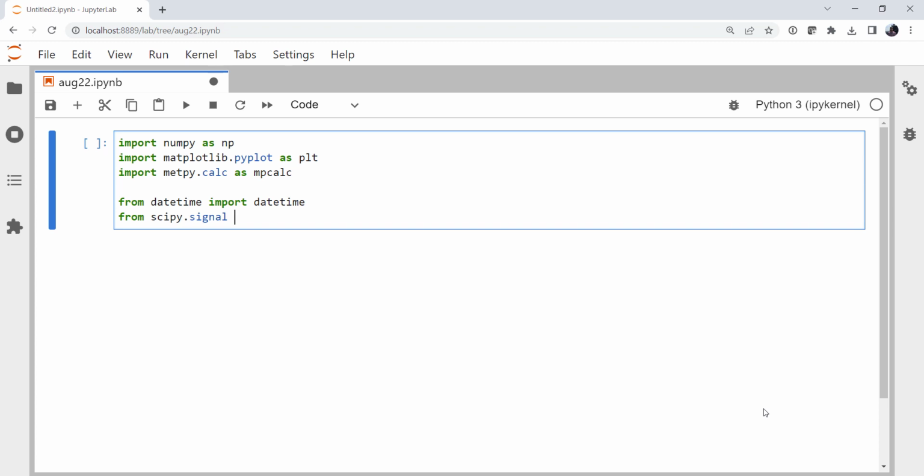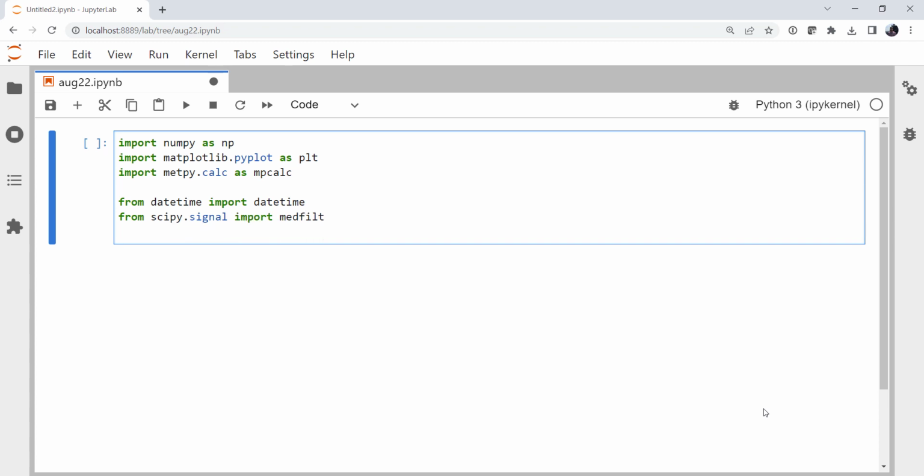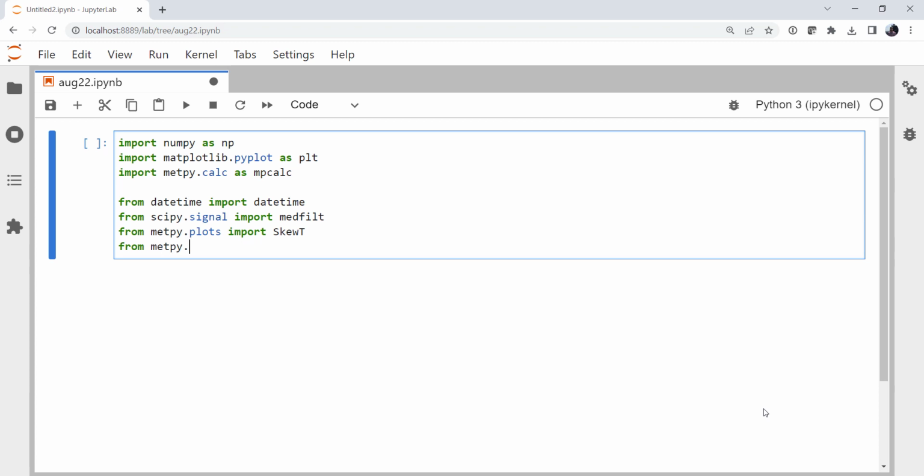From scipy.signal, we're going to import the moving median filter, medfilt. From metpy.plots, I'm going to import the SkewT object. From metpy.units, I'm going to import the units registry and the pandas_dataframe_to_unit_arrays helper.